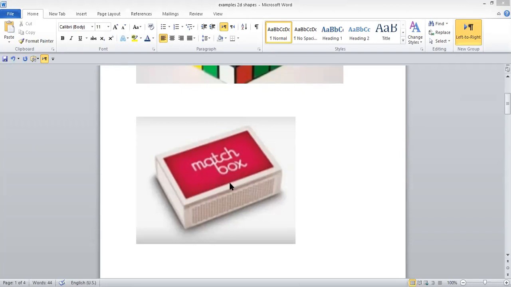So this is a cuboid because in a cube all faces are equal squares. But in a cuboid there are some rectangular faces as well. You can count the faces: 1, 2, 3, 4, 5, and the bottom 6 faces. So this is the example of a cuboid. Is it clear, guys?